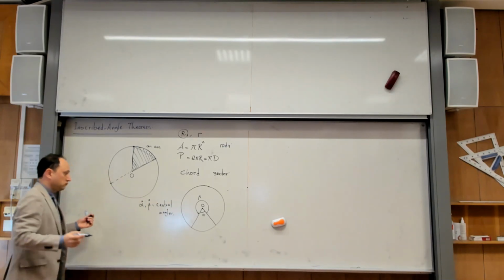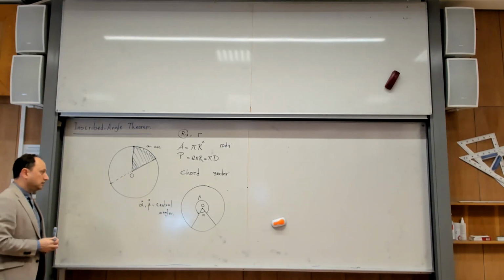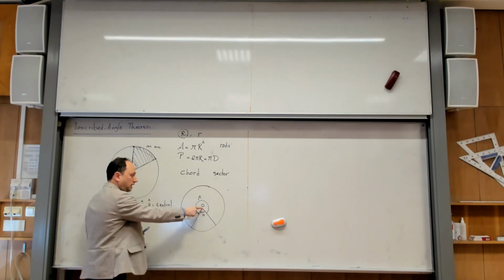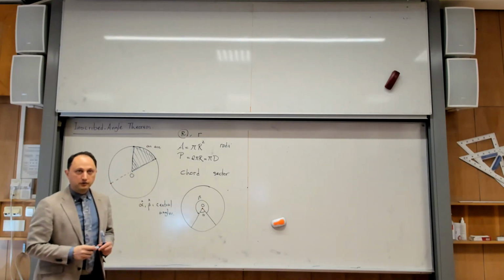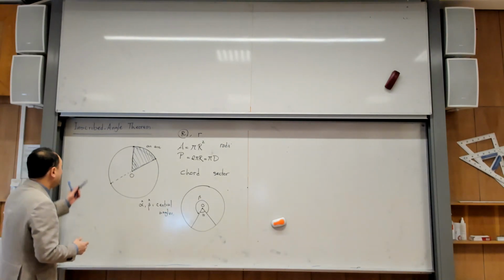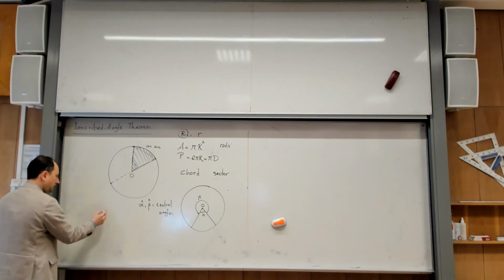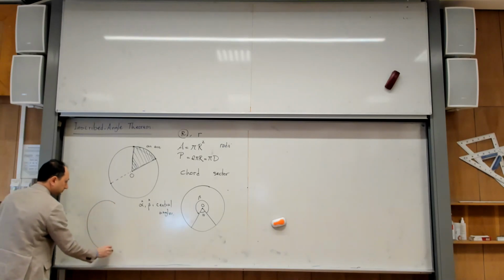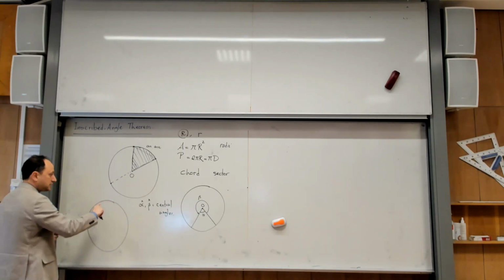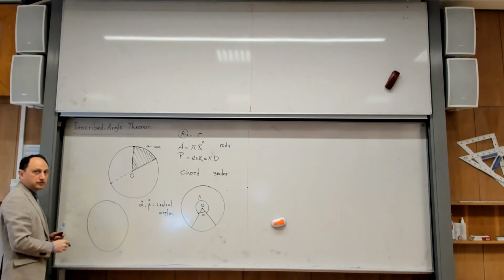So a central angle is an angle whose vertex is at the center and whose arms are radii of the circle. But what is an inscribed angle? An inscribed angle is an angle whose vertex is on the circle itself somewhere.